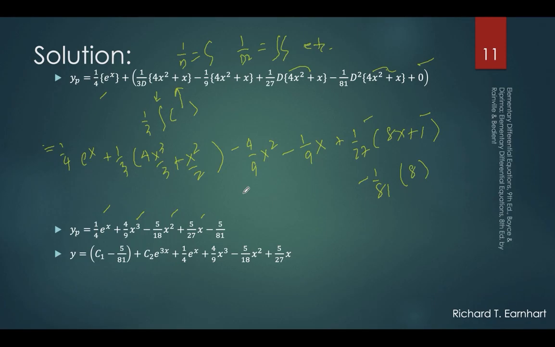Take note that this is a constant and can be combined. Your complementary solution contains C1, that is a constant, so you can combine the two. It has to be simplified into only one arbitrary constant, so you can use another constant, let's say C sub 3.